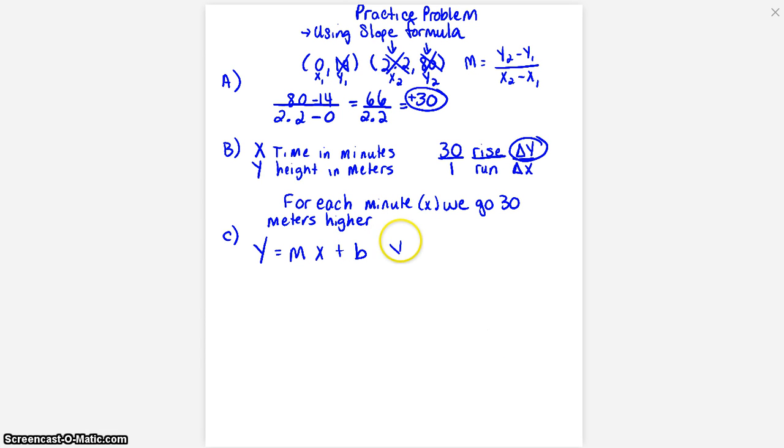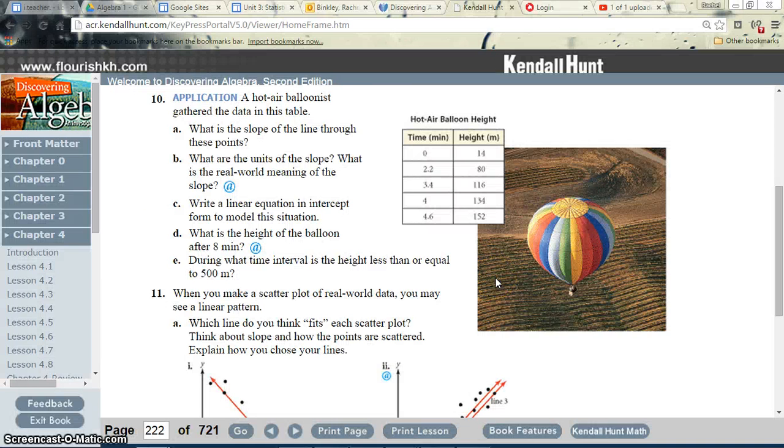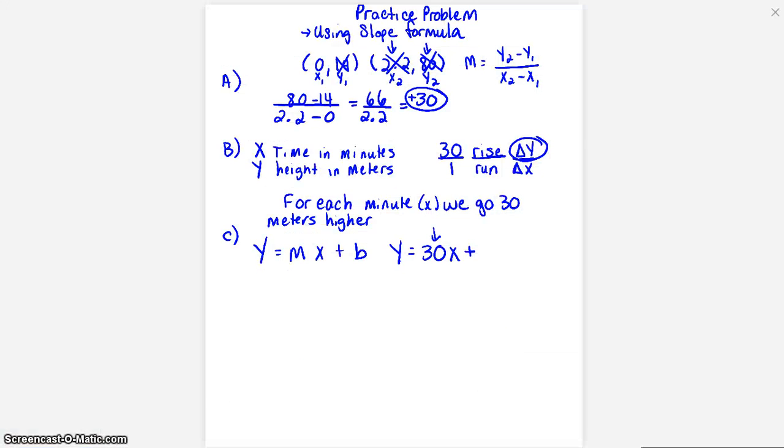We have our slope, we know that's 30, right? 30 meters for every, and X stands for minutes. And what is our y-intercept? Well, we could see that from the table. Let me switch back really quick. Look, it says when we have 0 minutes, our height is 14. So our y-intercept must be plus 14. Cool, we're just cruising along.